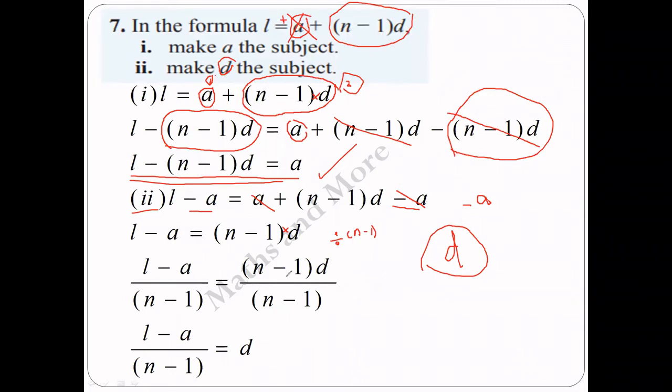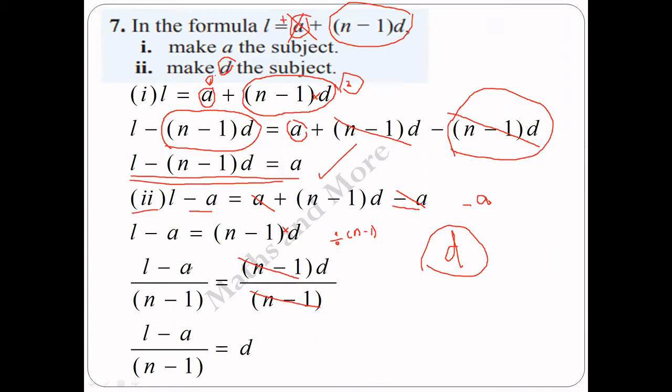Okay. So you can cut this whole bracket with this whole bracket. Now only D in the right hand side. In the middle, equation sign is there. In the left hand side, L minus A over n minus 1. This is L, okay? Not 1.